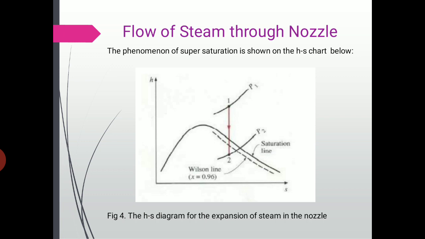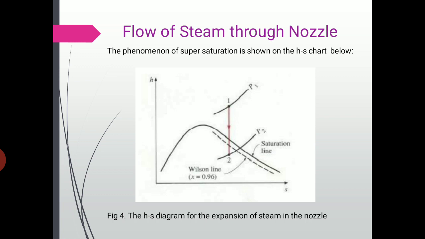So when P1 is the high pressure entering the nozzle, what happens at the throat section? The pressure drops, from the P1 curve to the P2 curve.